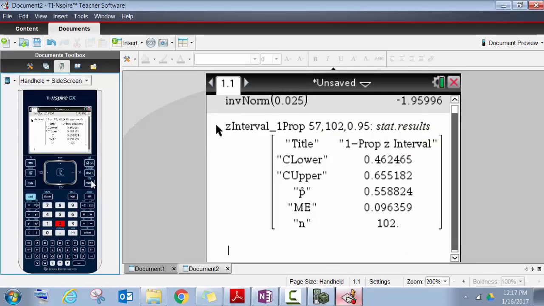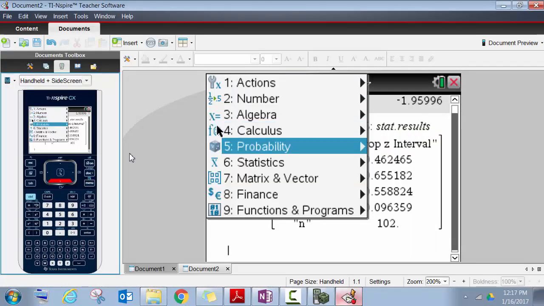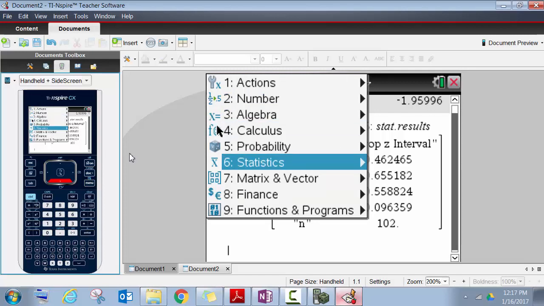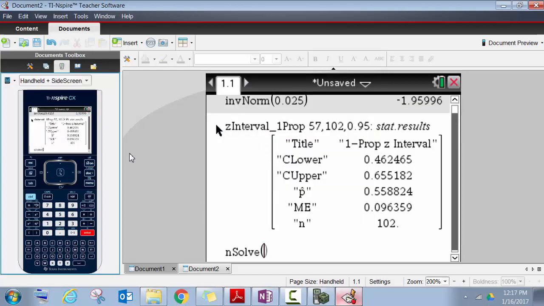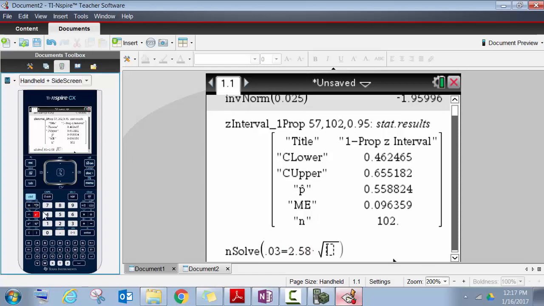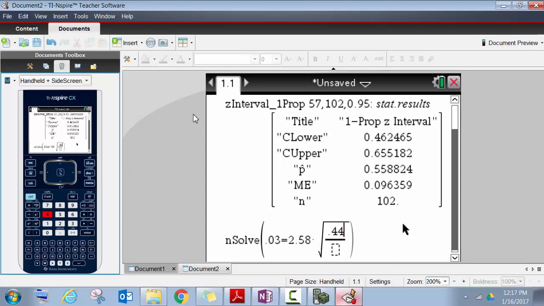If we're using the Inspire, it's a little bit easier and it makes things look a little bit nicer. But under algebra, numerical solve, and then we type in our equation. We don't have to set it equal to 0. So 0.03 equals 2.58 times the square root, get our fraction here, 0.44 times 0.56 over x, and then we want to say we want to solve for x.